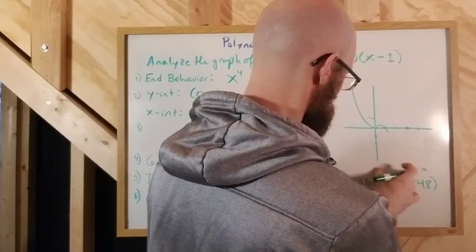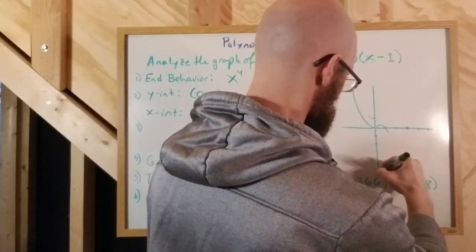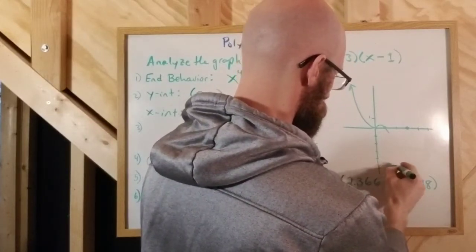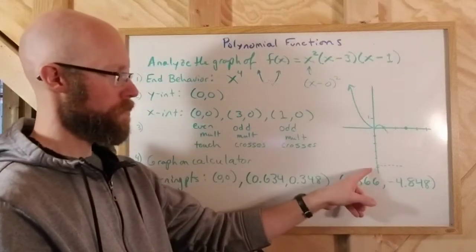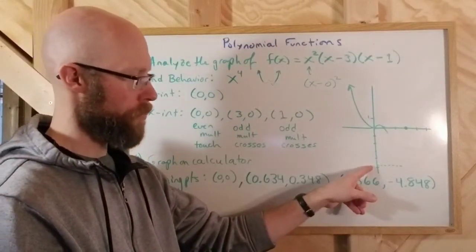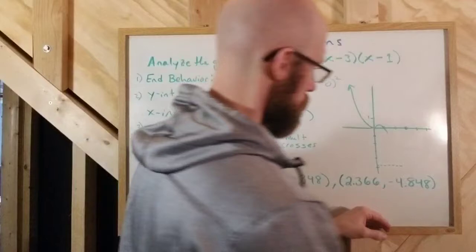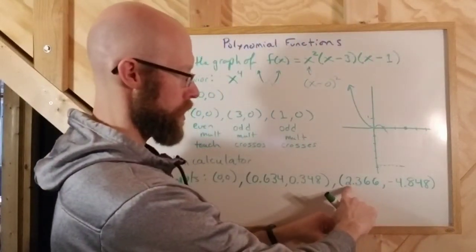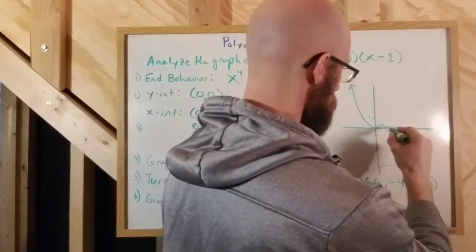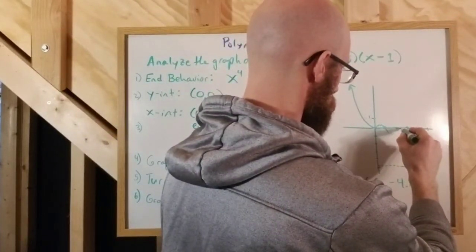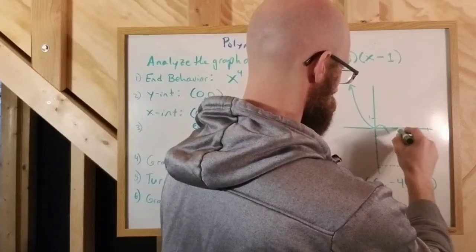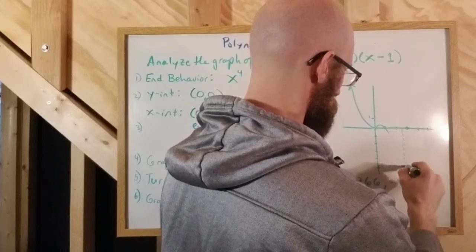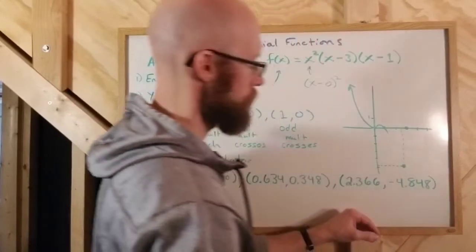Extend this axis a little bit. 5, and so around -4.8 roughly. I'm going to bring that across. And the x coordinate is 2.4 roughly, so it's hugging that other x-intercept pretty close there.